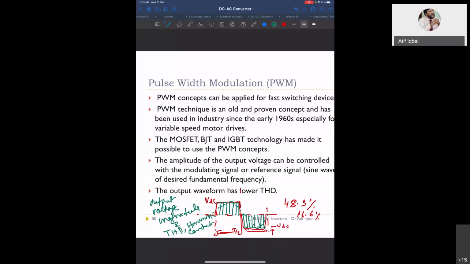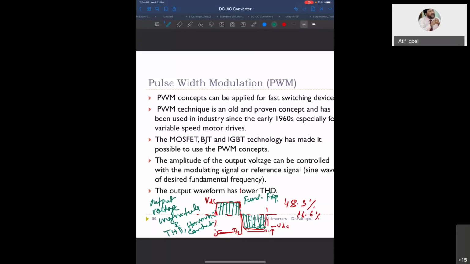We will also be able to control the fundamental frequency. So the output voltage magnitude, output fundamental frequency, total harmonic distortion, and harmonic content can all be controlled if we use pulse width modulation.